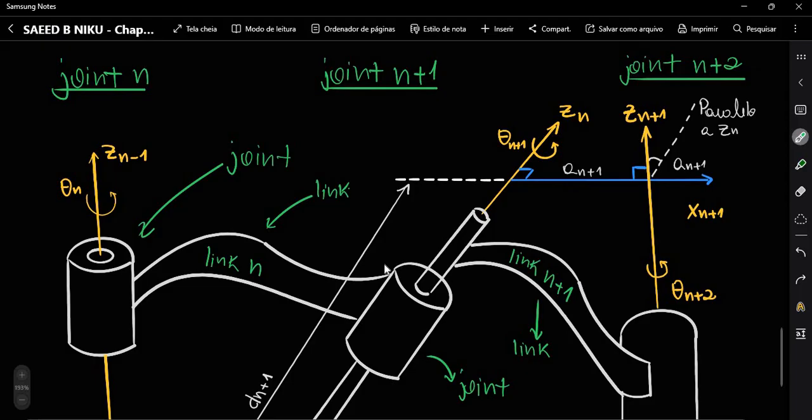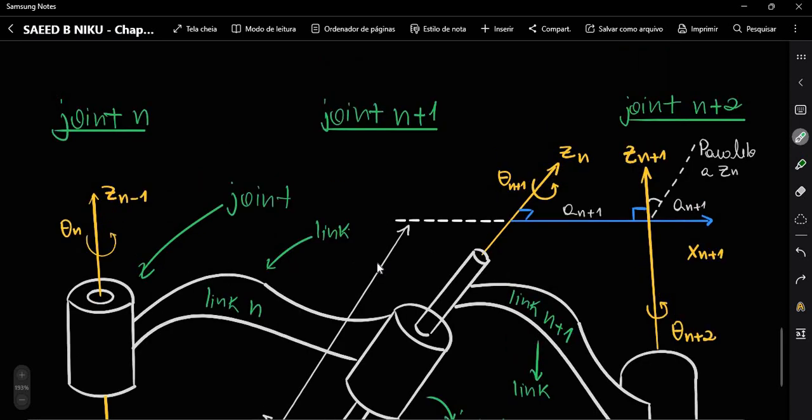So yeah, notice we got a pattern. We got joint n, n plus 1 and joint n plus 2. So for its rotation we got theta n plus 1, theta n plus 2, but for naming the axis is different.